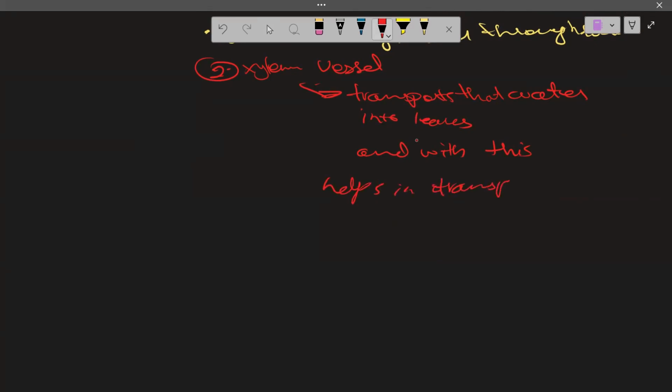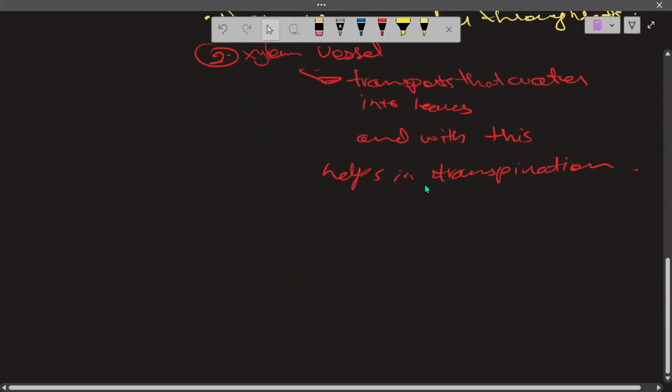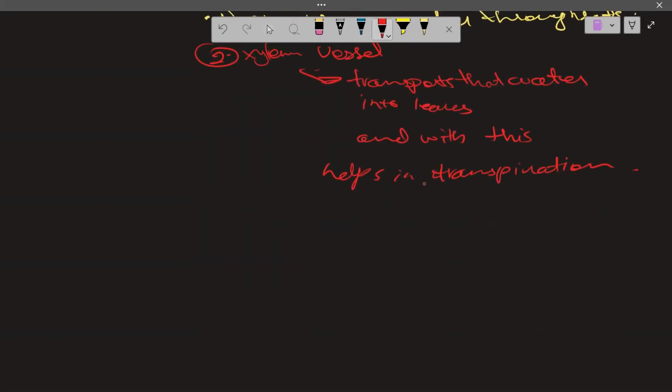Due to the xylem vessel, transpiration is done, and then the water is used for photosynthesis in the leaf.